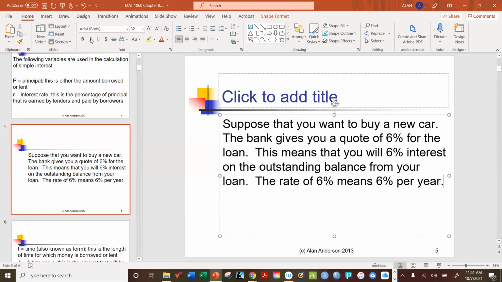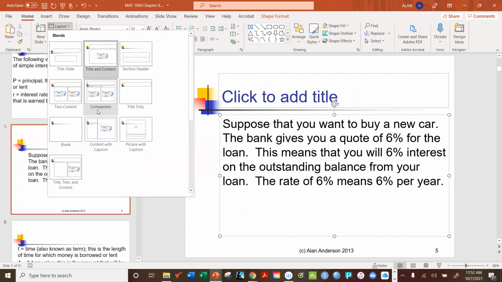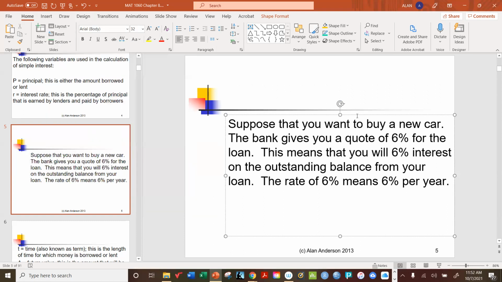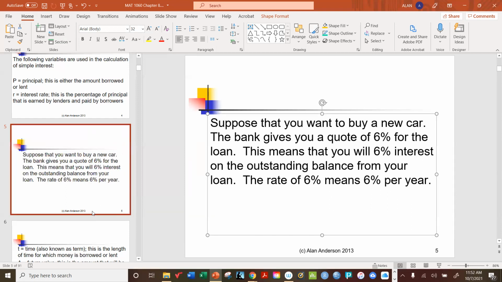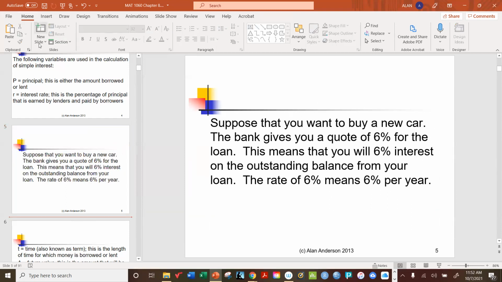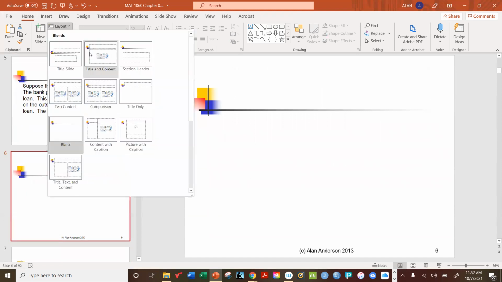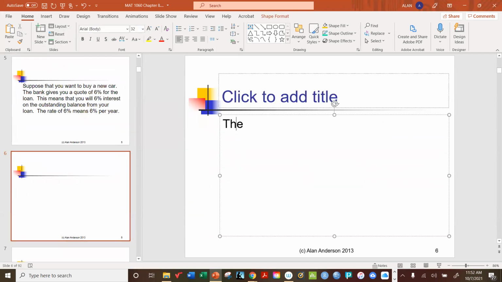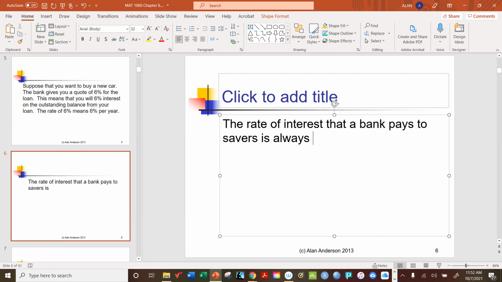If you're depositing money in the bank account, they'll give you another number, which will be lower, of course. In fact, that raises an interesting point. The rate of interest that a bank pays to savers is always lower than the rate that it charges to borrowers.